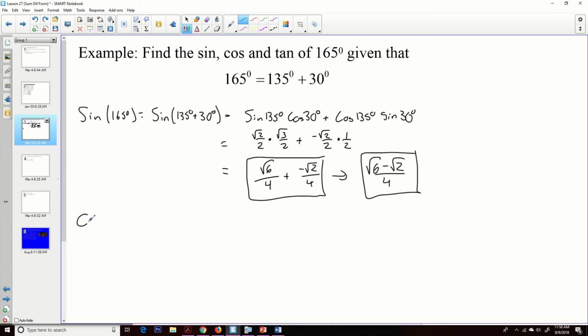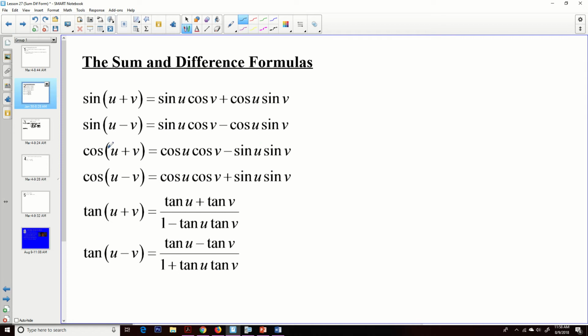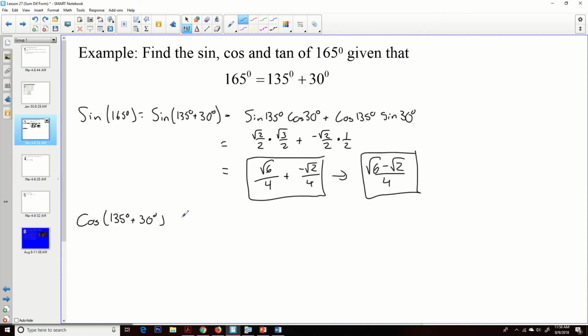Let's do the cosine. The cosine of 165 degrees, we'll skip that and go right to this, is going to be equal to the cosine of 135 degrees plus 30 degrees. Now the cosine sum equation is a little bit different. Notice it's cosine u cosine v minus sine u sine v. So it'll be cosine 135 degrees cosine 30 degrees minus the sine of 135 degrees sine of 30 degrees.